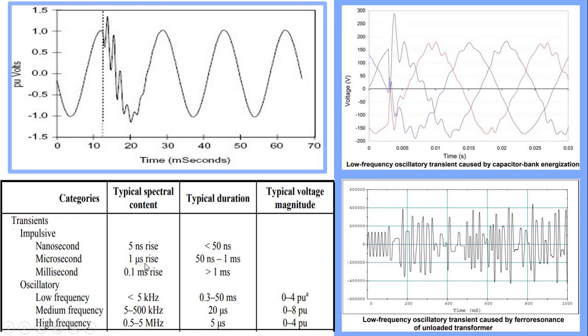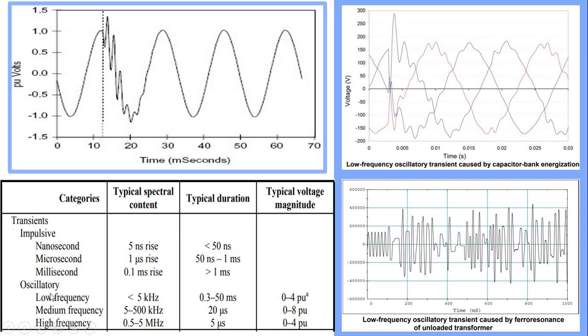If rise time is increased to 1 microsecond, then the duration of that transient is from 50 nanosecond to 1 millisecond. If in millisecond, then it is greater than 1 millisecond. It means if rise time increases, then duration also increases.